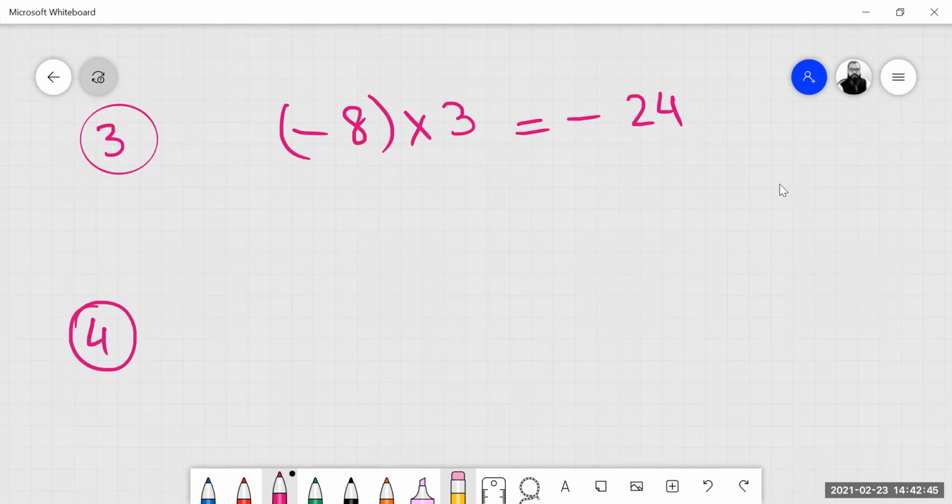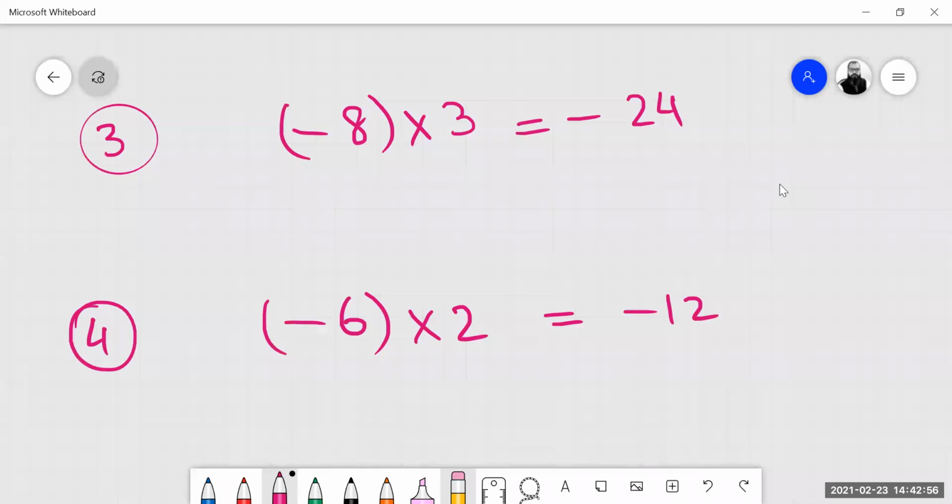Question number 4. Minus 6 multiply by 2. Okay, anyone? Minus 12.